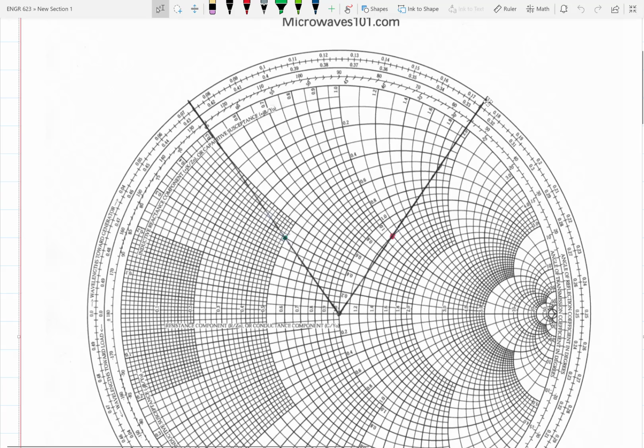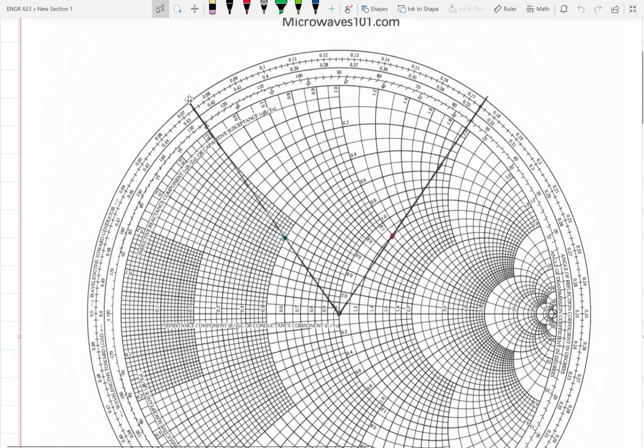So going 0.4 of a wavelength in the clockwise direction is the same as going 1/10 of a wavelength in the counterclockwise direction. So we have 0.174 here, and over here we'll have 0.074.